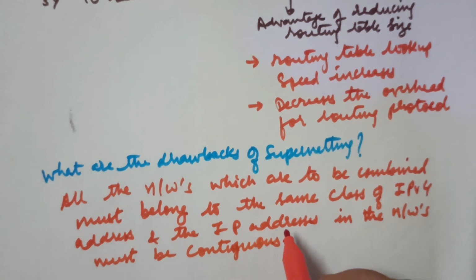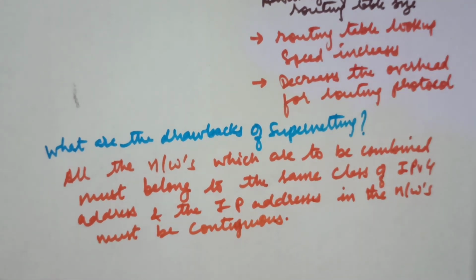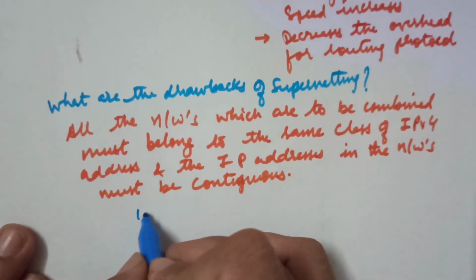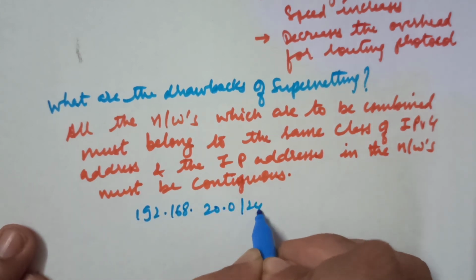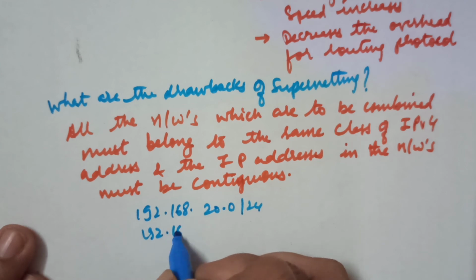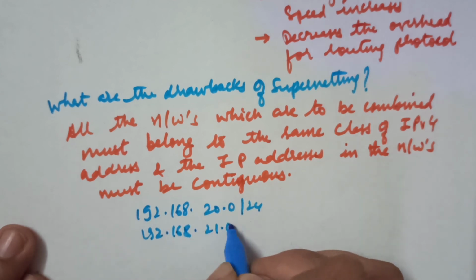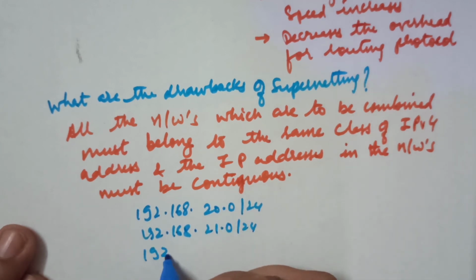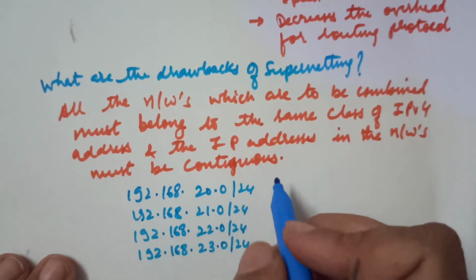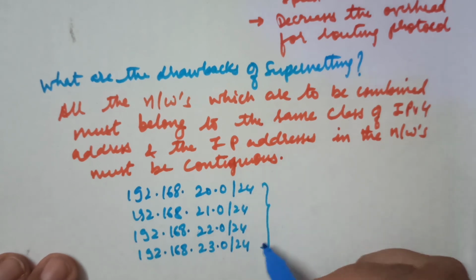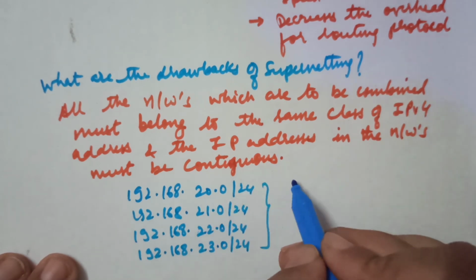In the example which we considered, the 4 IP addresses: 192.168.20.0/24, 192.168.21.0/24, 192.168.22.0/24, and 192.168.23.0/24. In these 4 Class C blocks, all the IP addresses are contiguous.